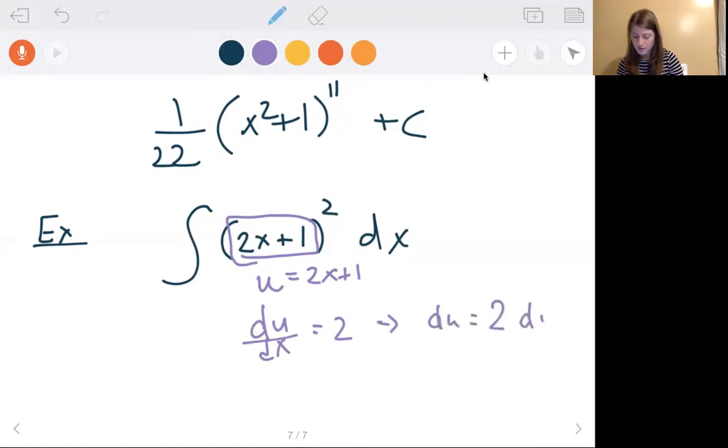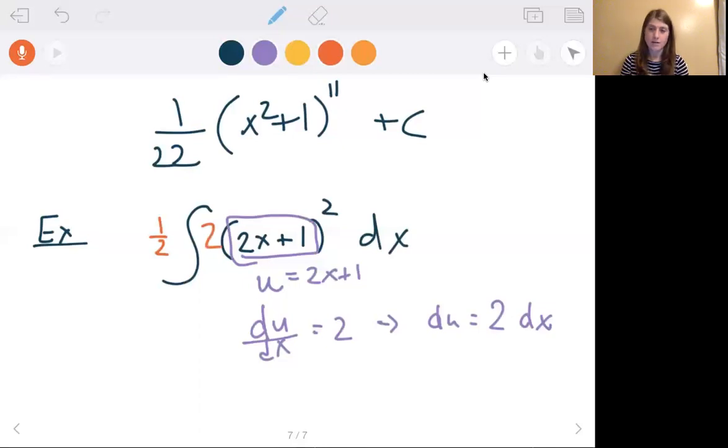So du is 2 dx. So all we really need is a 2. I'm going to put the 2 in front just because that's my habit. You could also put it right in front here if you're multiplying. And then if you were adding in that multiplication by a constant, we also need to divide by that constant. So when all you're missing is the constant piece, you can take care of that.